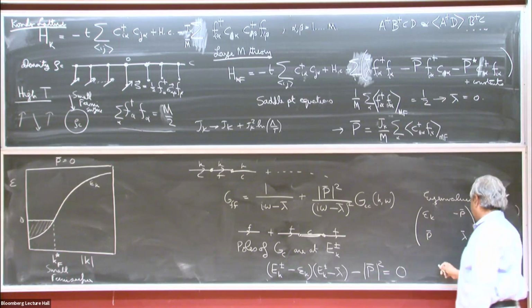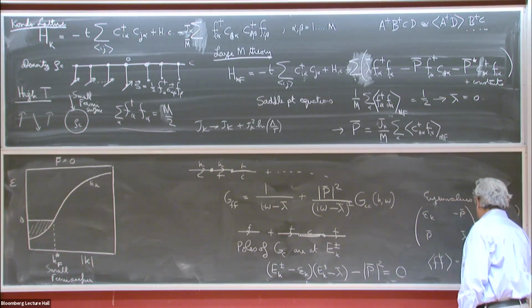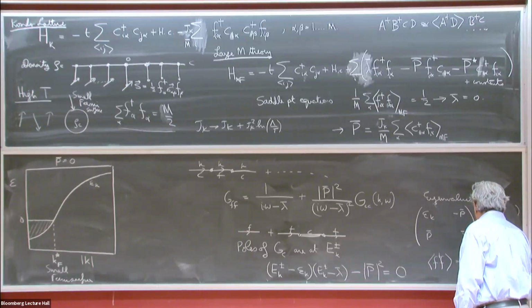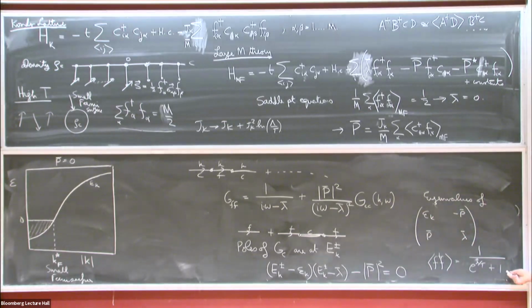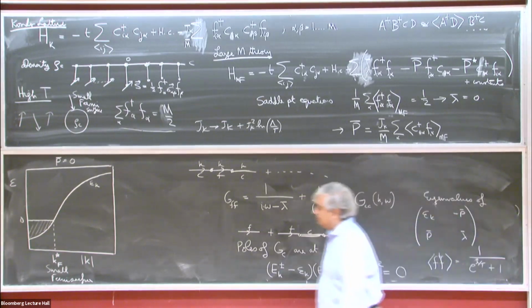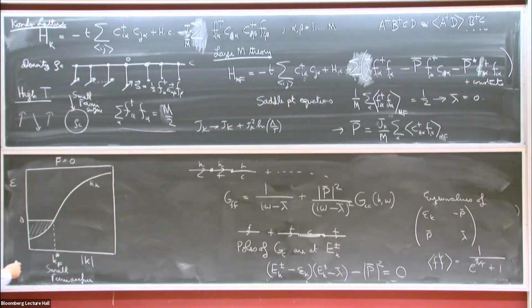Then the expectation of F dagger F on any site would be just the Fermi function, 1 over e to the lambda bar over T plus 1. And now you notice when you put lambda bar equals 0, this is 1/2. So lambda bar will be just 0, and that will allow you at finite temperature to get exactly half filling. So lambda bar will also be right here.